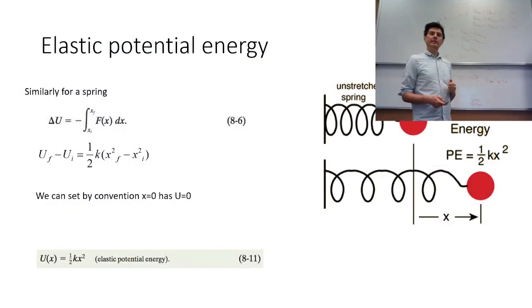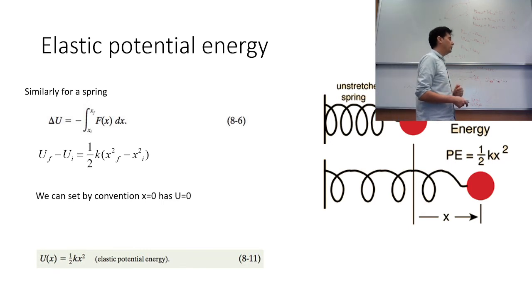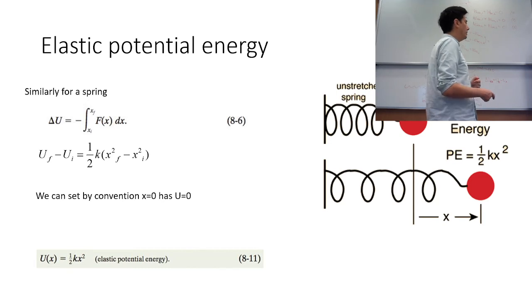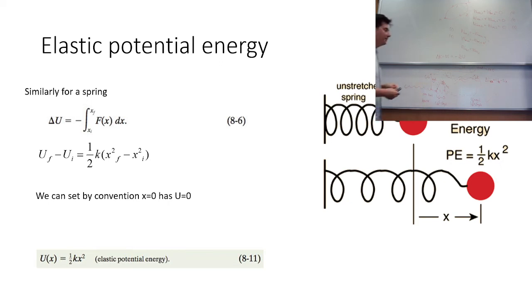Same for the elastic potential energy. We can actually set the 0 point of this to be anything we want, but usually it just makes a lot of sense to choose the 0 point of the elastic potential energy to be at the equilibrium position. So this is the relaxed position of the spring, and we can set the potential energy at that point to be equal to 0.